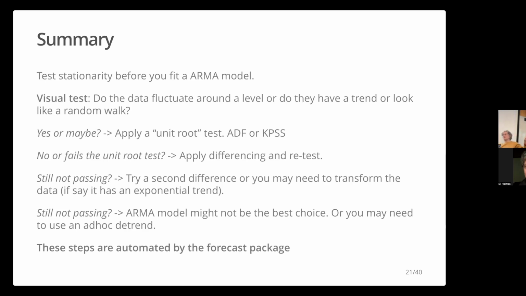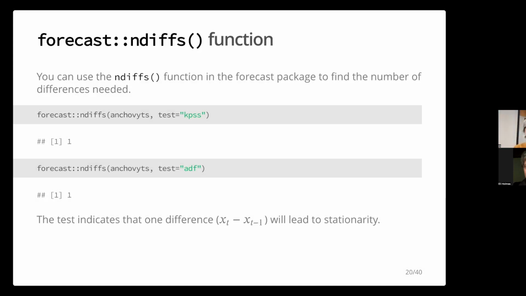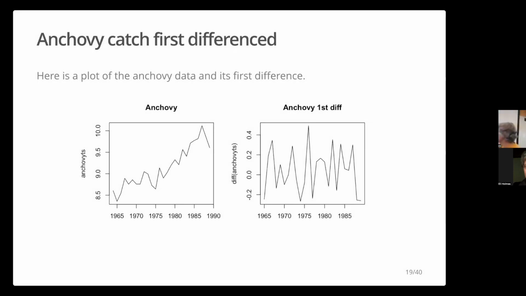You might be a little suspicious about whether differencing is going to work. So you could do a first difference and then run one of these tests on the first difference and see what it comes out with. Or you plot that first difference and get a feel for whether the differencing is actually getting you to something that looks stationary.